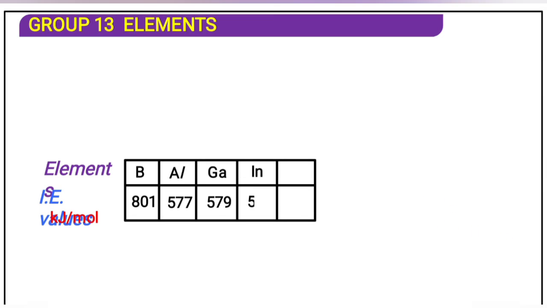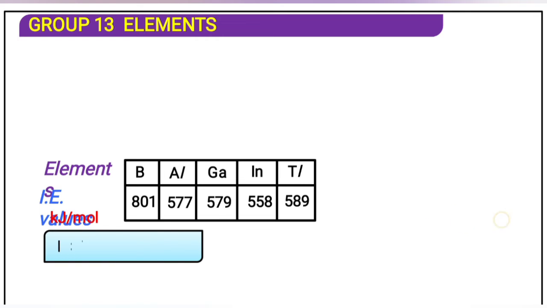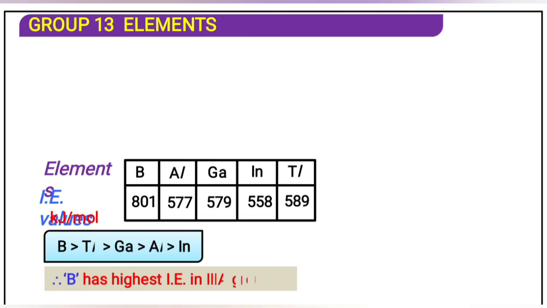This is the value that is just for your knowledge. So first is boron, then thallium, then gallium, aluminium and indium. This is the actual order. In thallium there is involvement of 4f14. That is the reason thallium will come first.